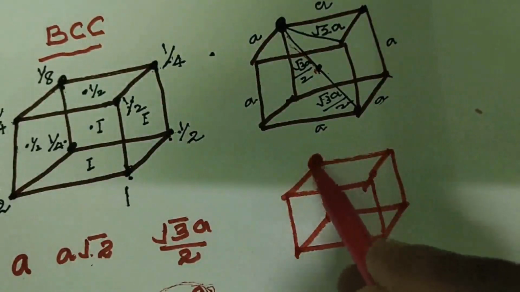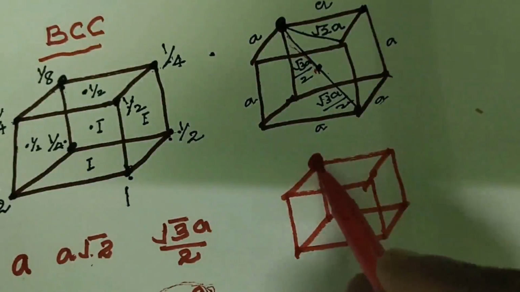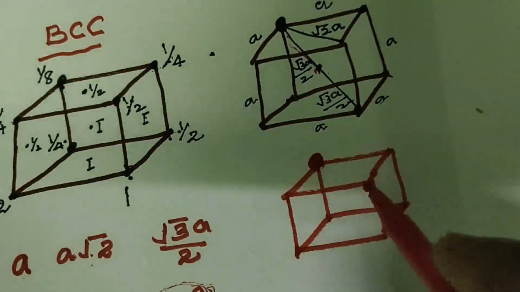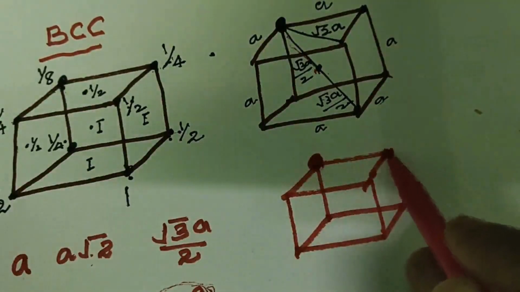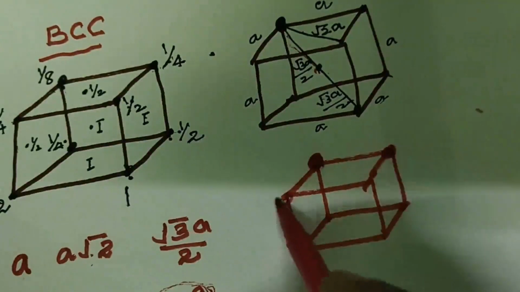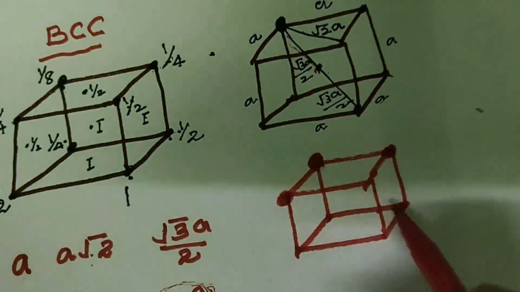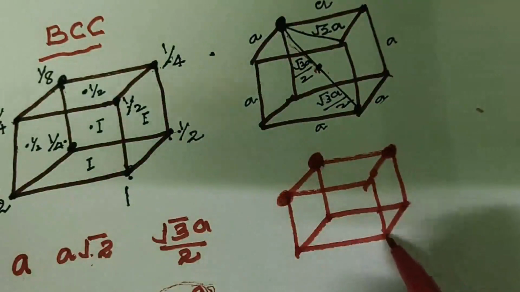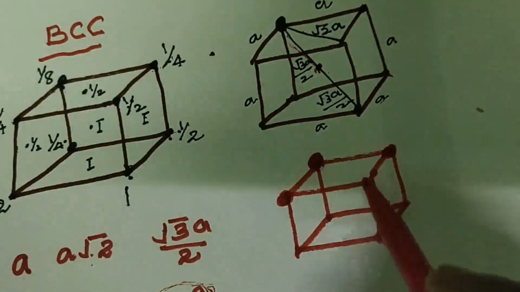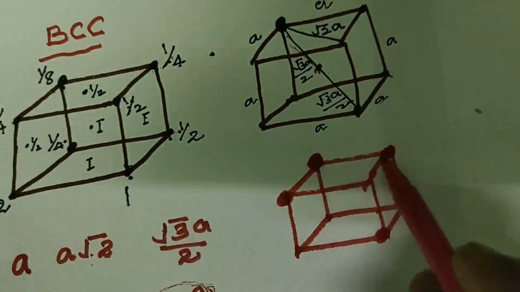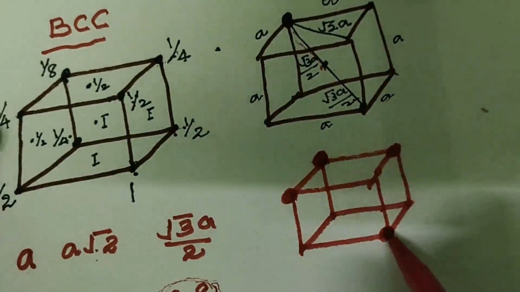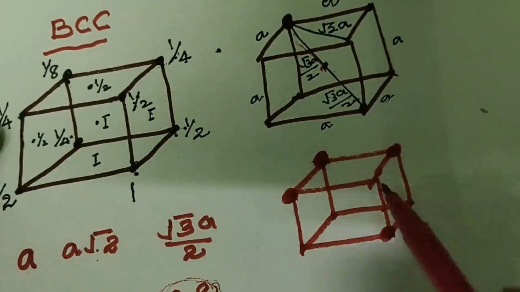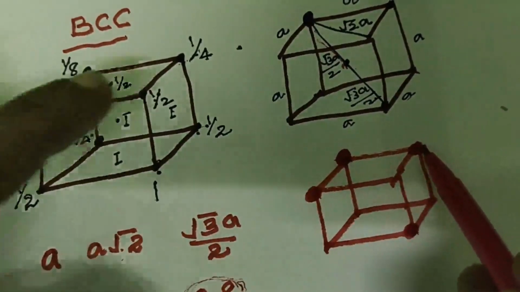This is the second nearest, or next nearest. All the back ones too. So these three are in contact with this one. What is the value? All are 1 by 4. So this is 1 by 4.